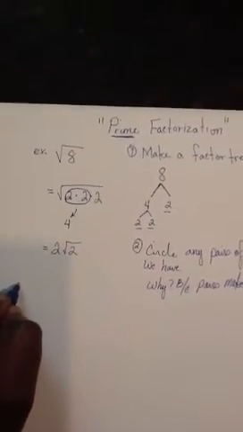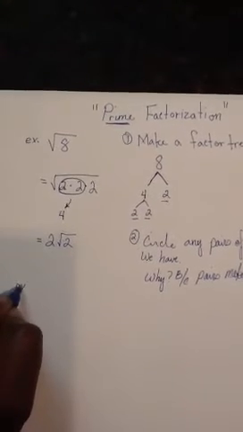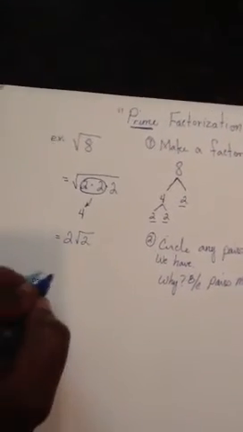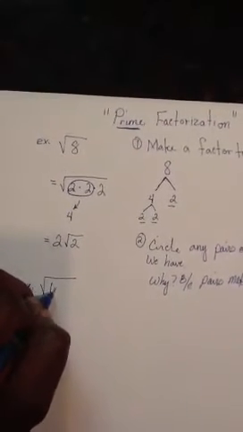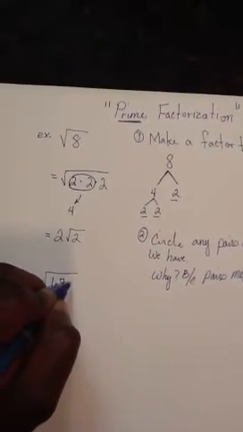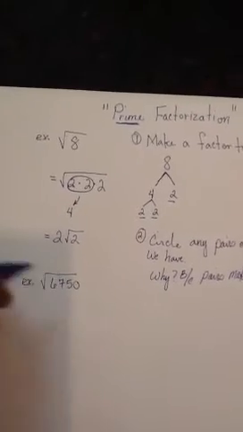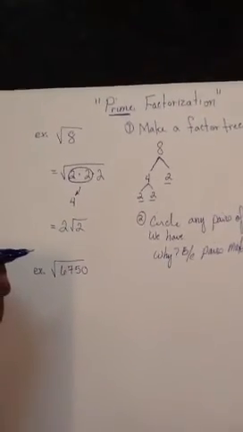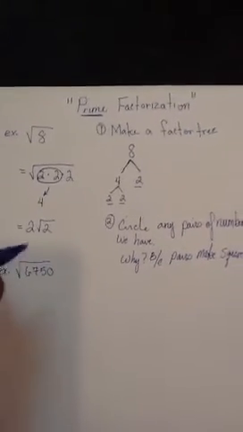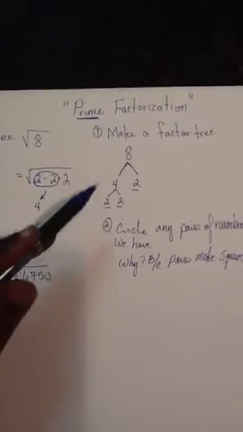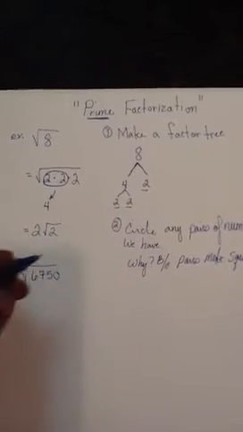Okay? Let's look at an example that my cousin sent me. The square root of 6,750. Pretty big number, all right? But just follow the steps. Steps 1 and 2. Step 1 says to make a factor tree.